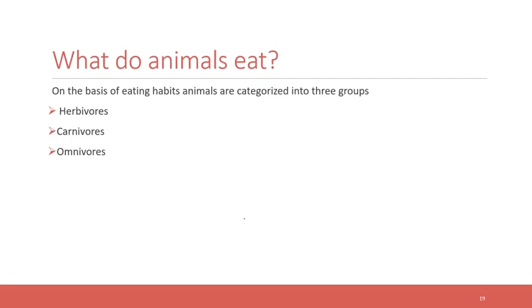On the basis of eating habits, animals are categorized into three groups. First is herbivores, second carnivores, and third is omnivores.